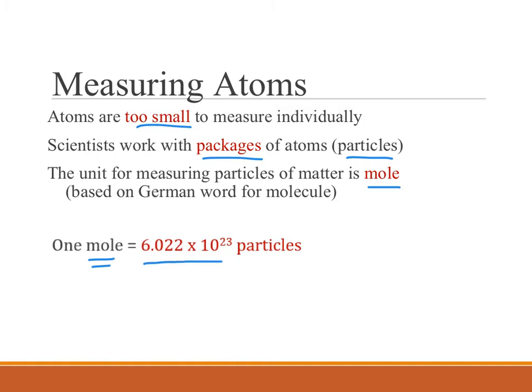6.022 times 10 to the 23rd particles. Now this, of course, is a 1 with 23 zeros after it, so it is a very big number because atoms are very small things. It also has 4 significant digits, so if it has 23, we're going to actually be going 22 places.